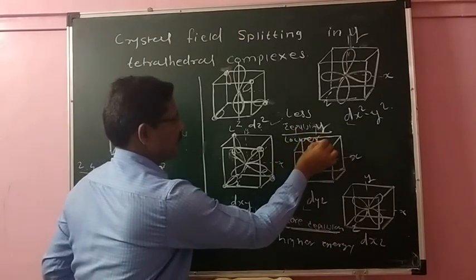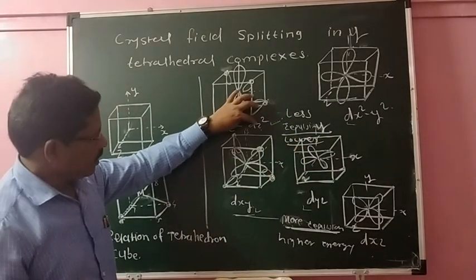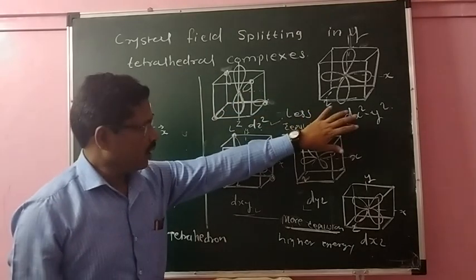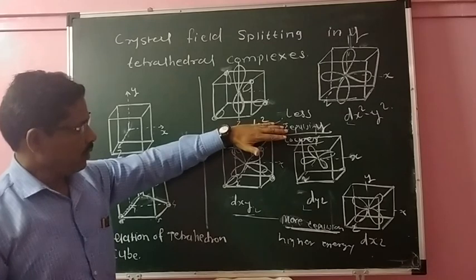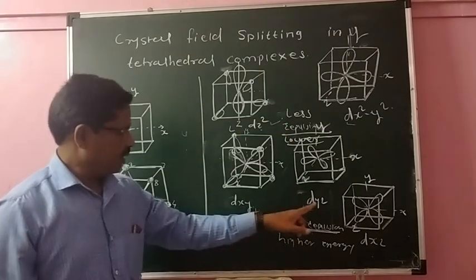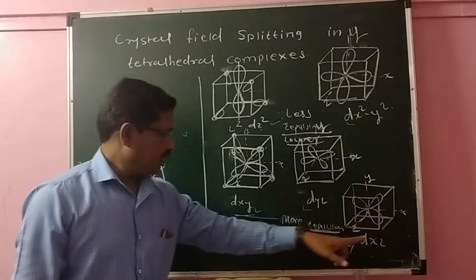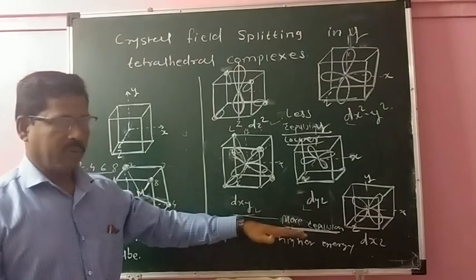The dz square and dx square minus y square orbitals are lower in energy level, and the three orbitals dxy, dyz and dxz are higher in energy level.